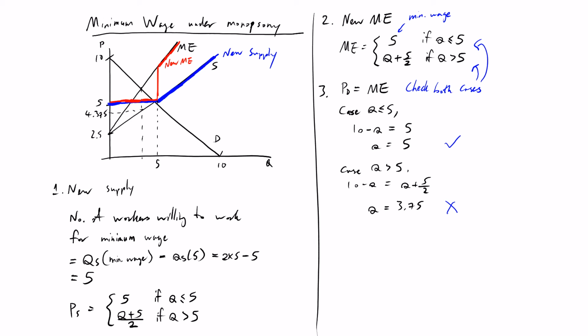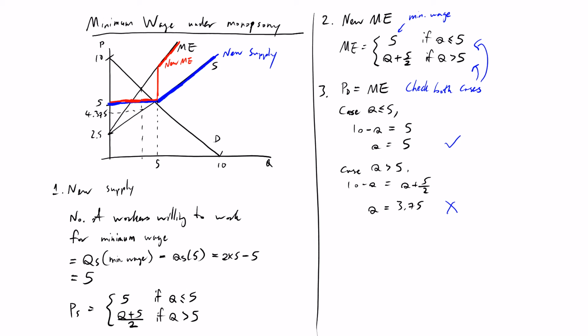Why did you use 10 minus Q on the top one when you just do Q equals 5? Which one? This one? Yeah. So this is the demand, right? So this is this line, and 5 is this line, the red line. So you're checking whether at $5 you can actually hire 5 or fewer workers, and you can, because there are enough people willing to work for that price.